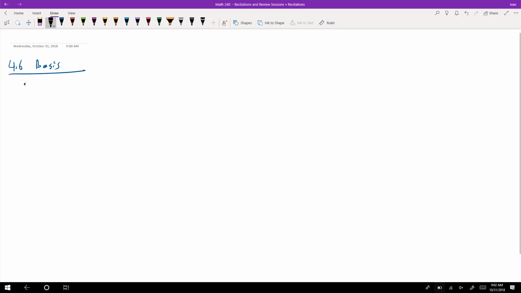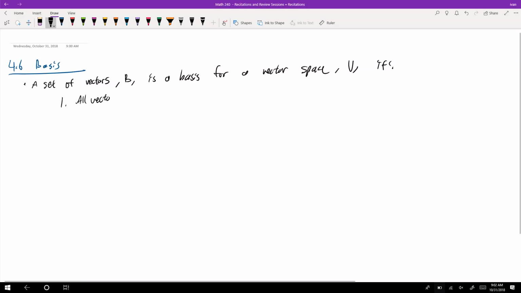So let's say B is a basis for a vector space V if 1, all vectors in B are linearly independent, and 2, B spans V. This is just the classic definition of what it means to be a basis. You need to be linearly independent, and you need to span.